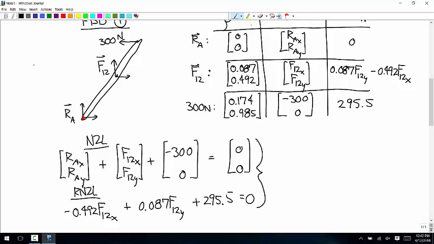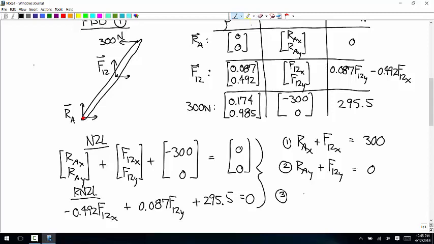And so that's our first three equations. The first one says RAX plus F12X is equal to 300. The second one says RAY plus F12Y is equal to 0.